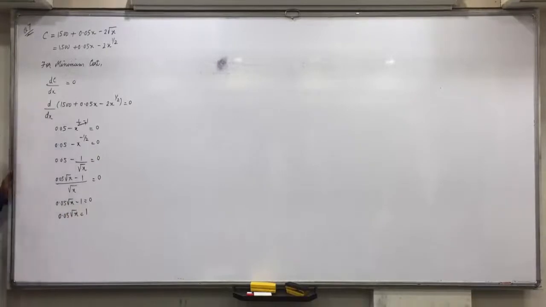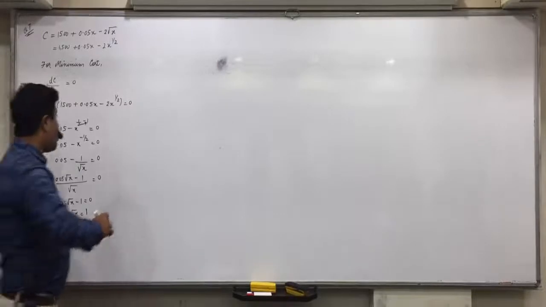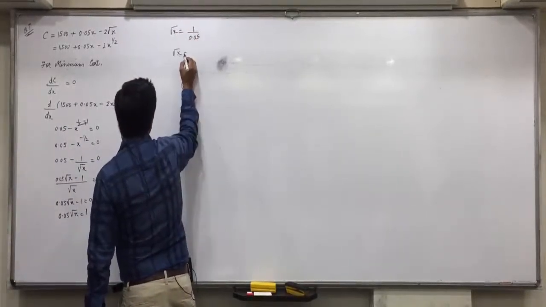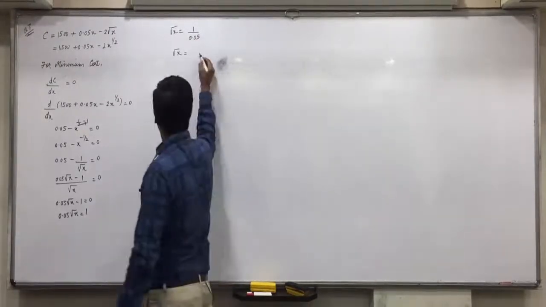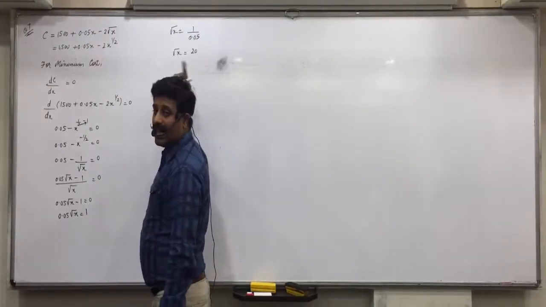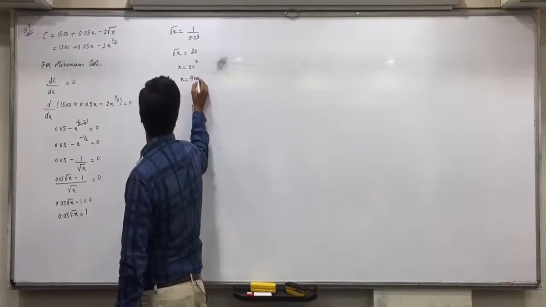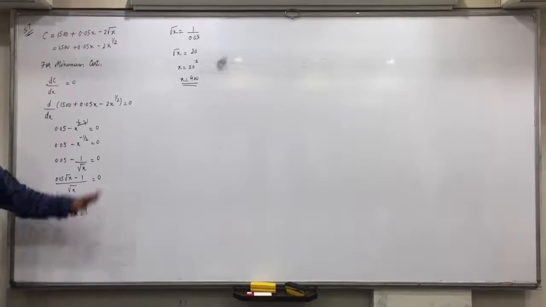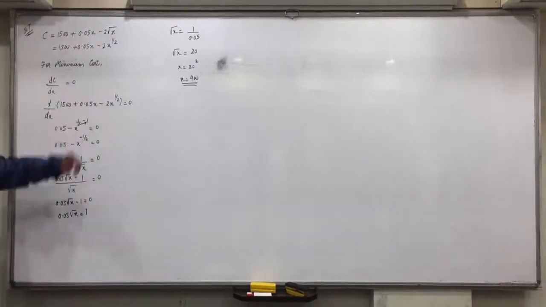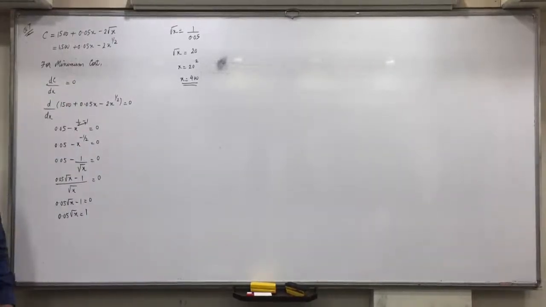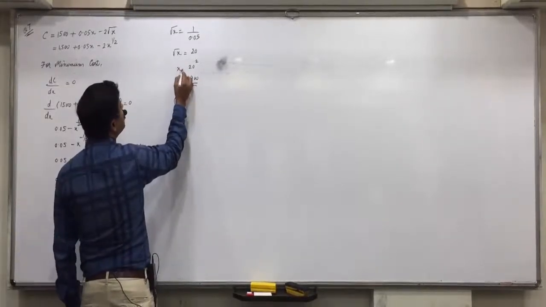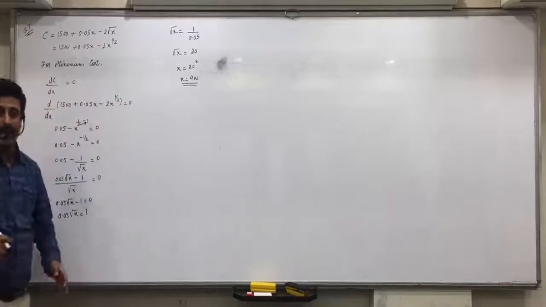Don't get confused with root x, it is a very simple equation. Now 0.05 on the other side will get divided. Tell me, what is this? Now if you want x, it will be 20 square, that is 400, which is already given in the question also. Did everyone understand up till here? Now, plus minus, no, 400 only. If it was square root, then it can be plus or minus.